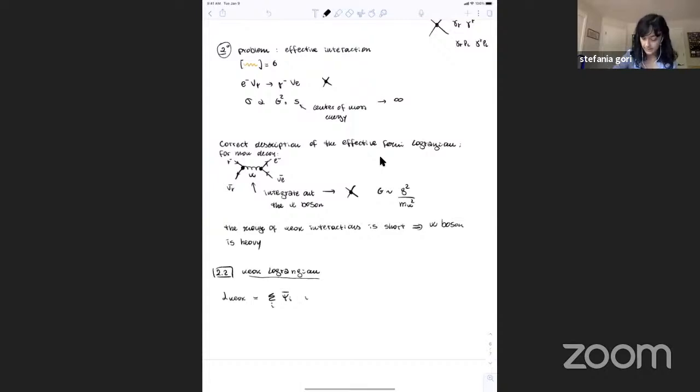Then we have this i gamma^mu D_mu, so the covariant derivative that we introduced before. And then we have the part for the several gauge bosons, namely minus 1/4 F_mu nu, sorry, F^mu nu.